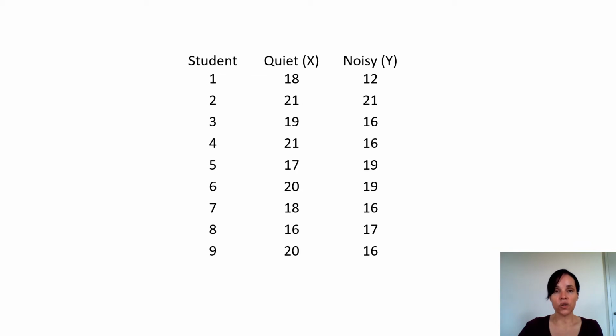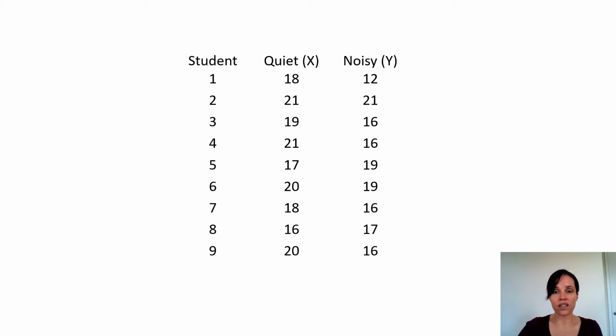So if you look at student number 1 solved 18 problems correctly when it was quiet and 12 problems correctly when it was noisy. Student number 2 solved 21 problems correctly when it was quiet and 21 problems correctly when it was noisy. Student number 3 solved 19 problems correctly when it was quiet and 16 problems correctly when it was noisy.